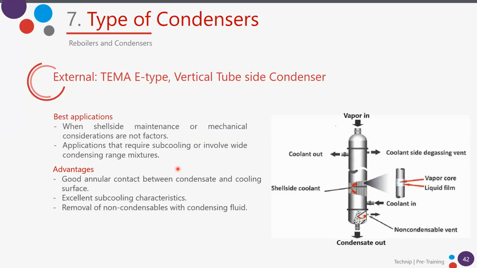The main advantage is the good annular contact between condensate and cooling surface, the excellent subcooling characteristics, and also removal of non-condensables with the condensing fluid is very easy. And the disadvantage is that shell side cleaning may be more difficult if the shell side fluid fouls.